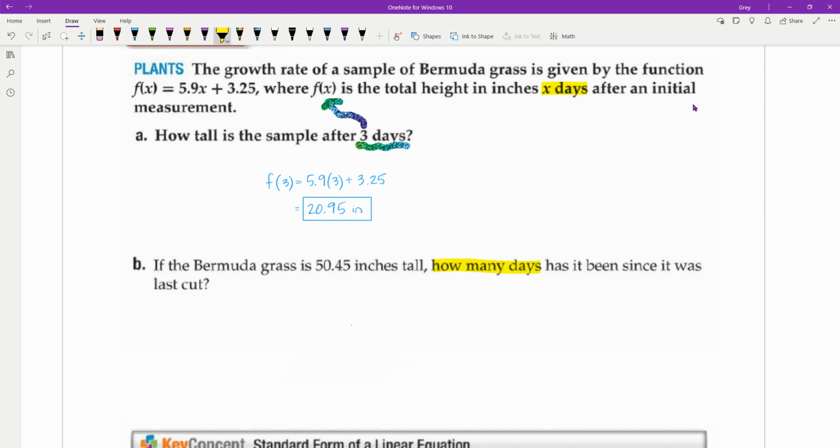Well, that lets you know that 50.45 has to be your y variable. So I'm putting that in for f of x, and I'm going to find out what x gives me 50.45. So subtract 3.25 and divide by 5.9. You find out that x equals 8. So it has been 8 days since it was last cut.